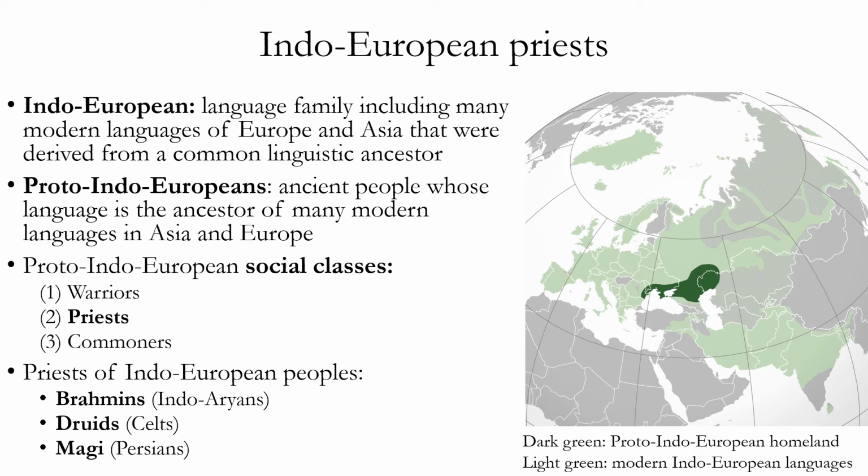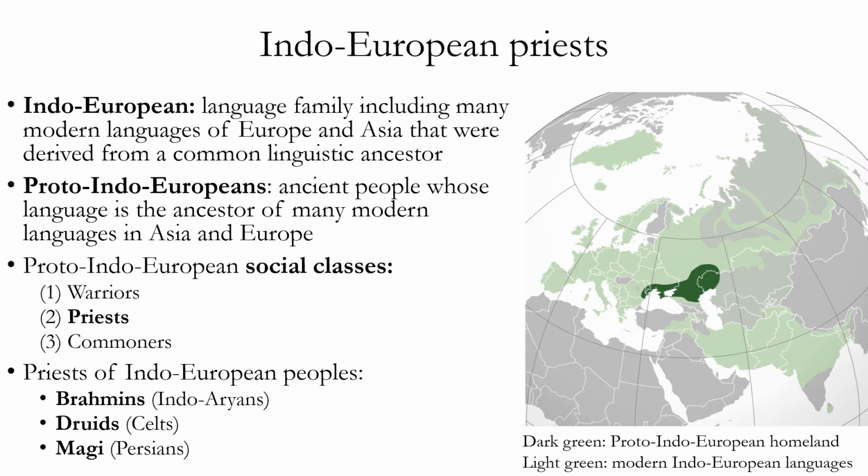The term Indo-European is a linguistic term referring to a language family that includes many modern languages of Europe and Asia that were derived from a common linguistic ancestor. The Proto-Indo-Europeans is the name given to the ancient people whose language is the ancestor of those many modern languages.